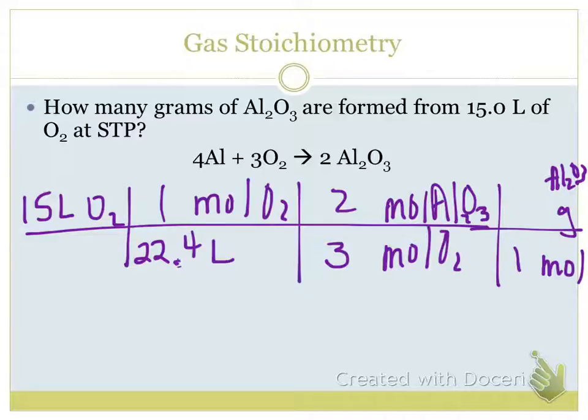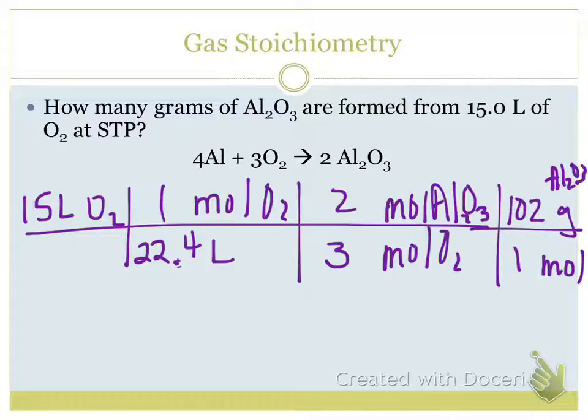Jake, do you have the molar mass for me? Of Al2O3, or not quite yet? Yeah. About 102. About 102 grams, do we agree? Yeah. Okay. Now we multiply across the whole top, divide by the whole bottom.